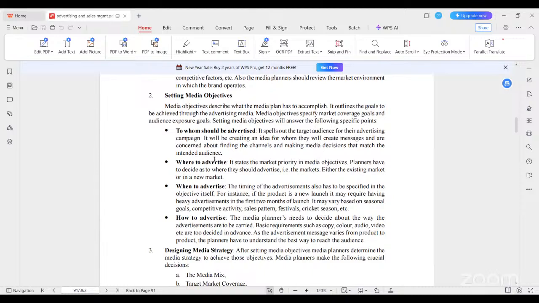For example, if they want to create brand awareness for their product and they already exist in the market, that is a different marketing strategy. And if their product is new in the market, at entry level, what kind of strategies they need to decide and where to advertise, they need to decide here.